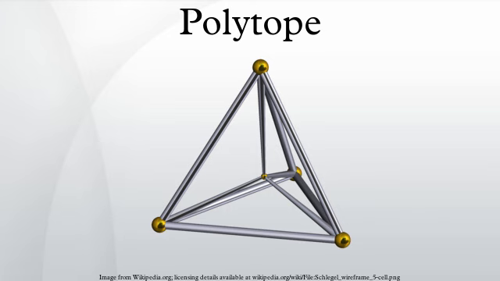Plane tilings, space-filling and hyperbolic tilings are in this sense polytopes, and are sometimes called apeirotopes because they have infinitely many cells. Among these, there are regular forms including the regular skew polyhedra and the infinite series of tilings represented by the regular apeirogon, square tiling, cubic honeycomb, and so on.